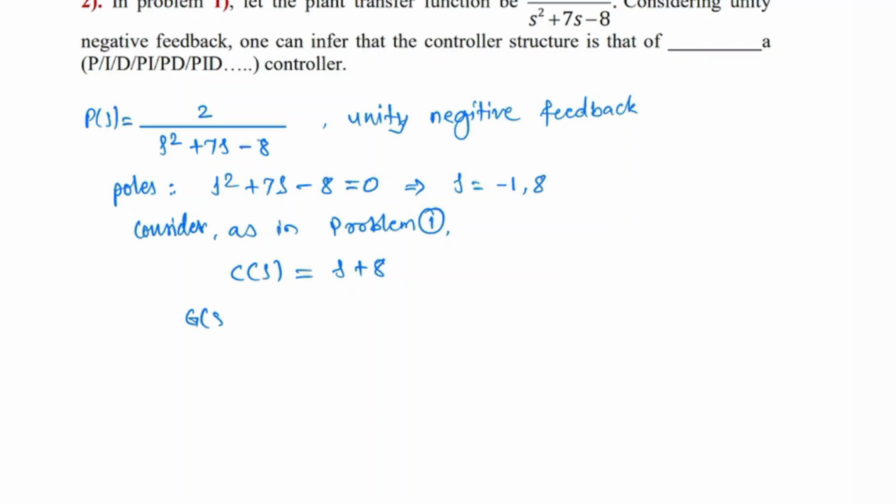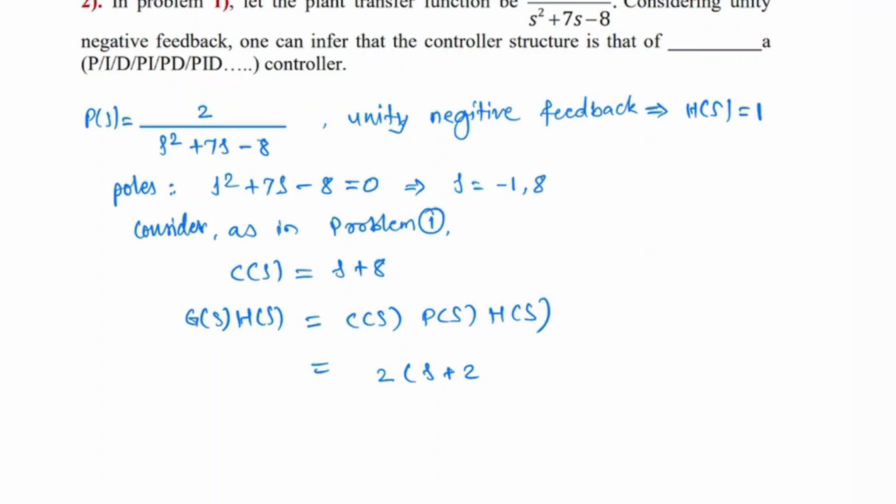Then G(s)H(s), this already means H(s) is 1, would be equal to C(s) into P(s) into H(s), which is s plus 8 over.